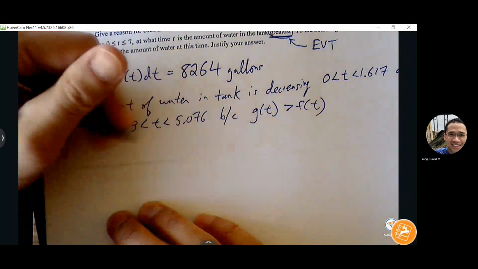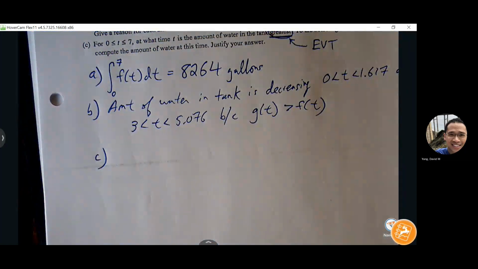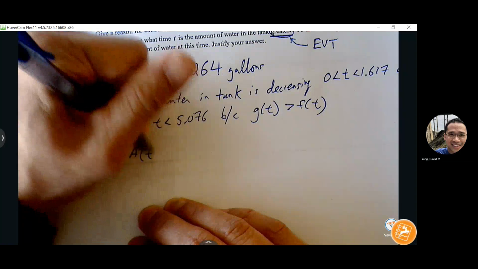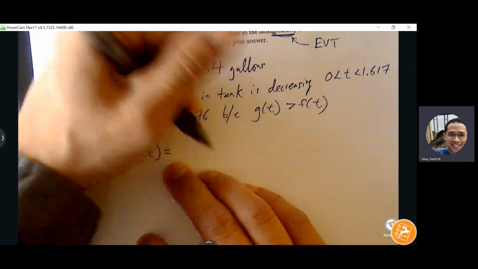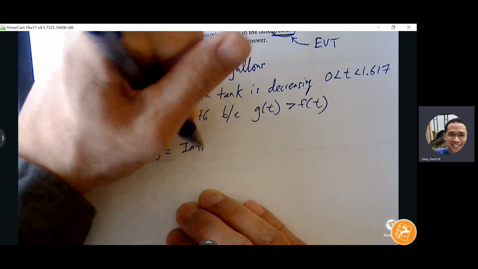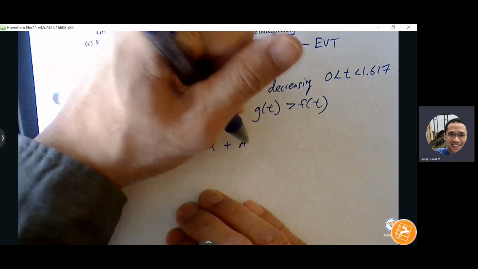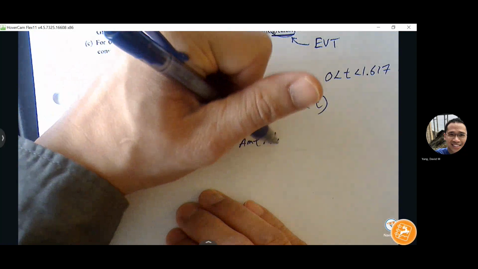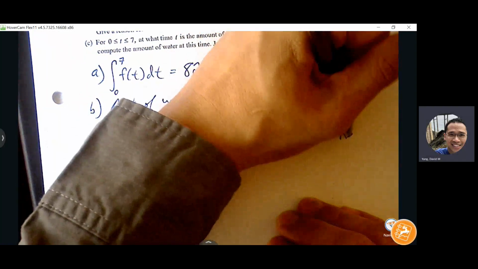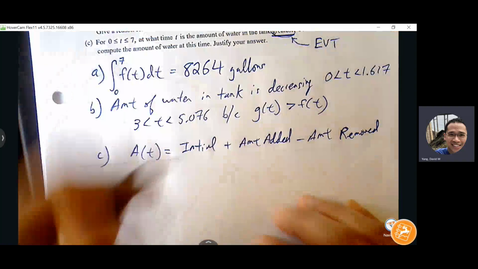Okay, so again, we're using this formula here. My total amount is going to be my initial plus amount added minus amount removed. Now, you don't have to write this out. If it was on the exam, you wouldn't write this.